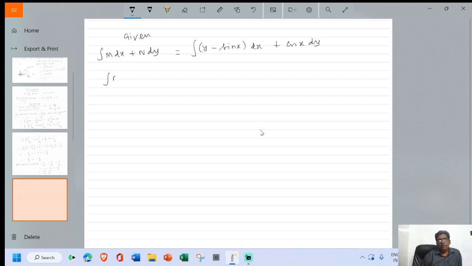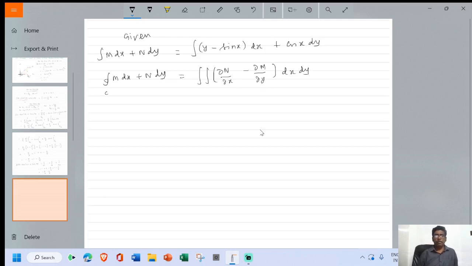But Green's theorem in a plane is m into dx plus n into dy, which is equal to the double integral of dou n by dou x minus dou m by dou y into dx dy. This is our Green's theorem.